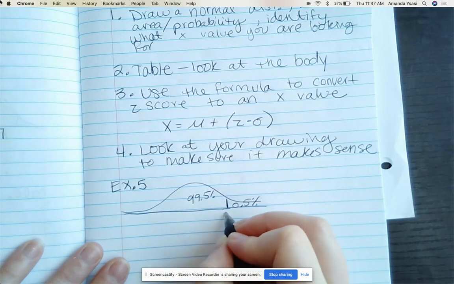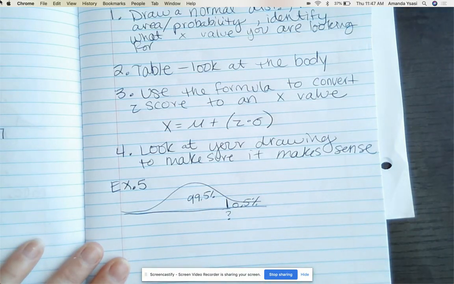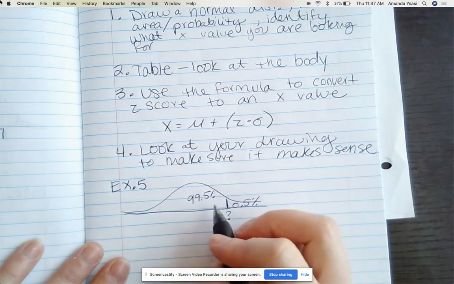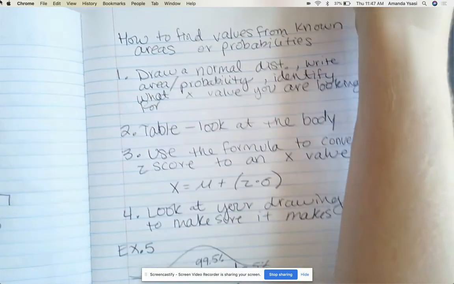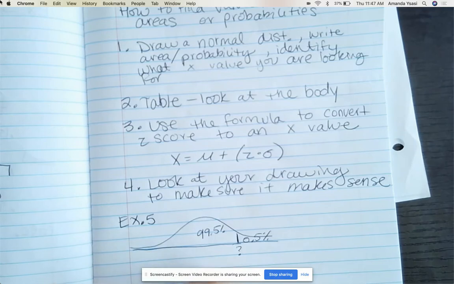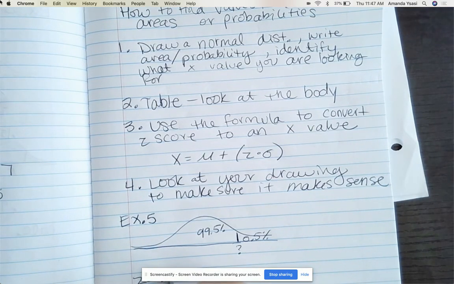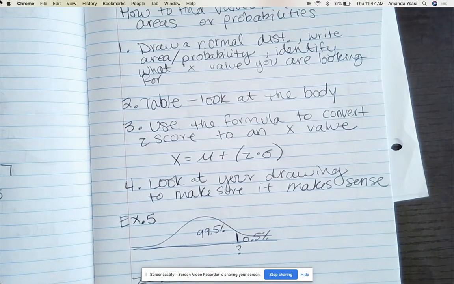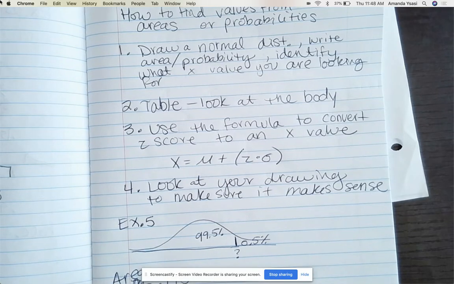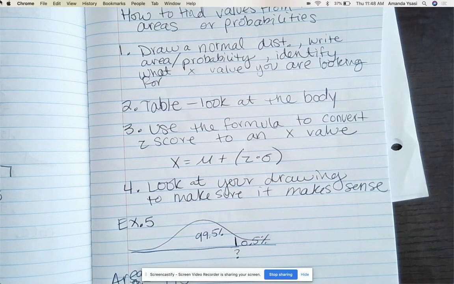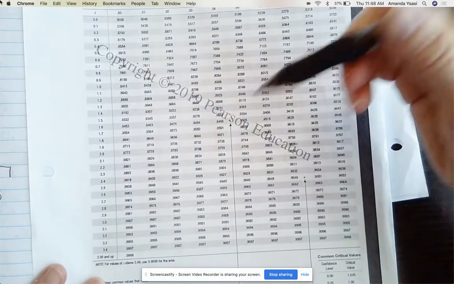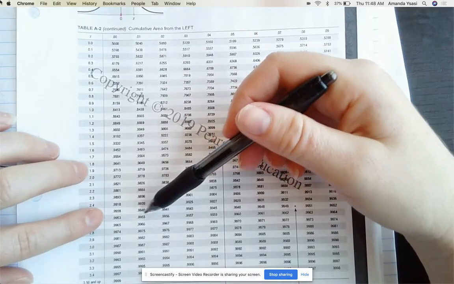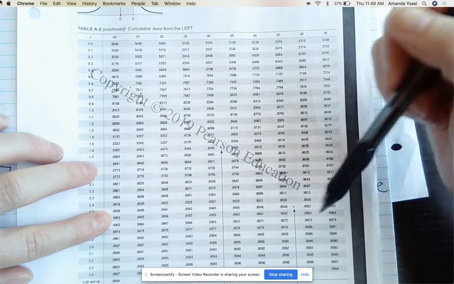So we want to know what that X value is. We're going to look at the body for the area of 0.995 and find the z-score, and then convert it back. So 0.995, let's look here. 0.9955.